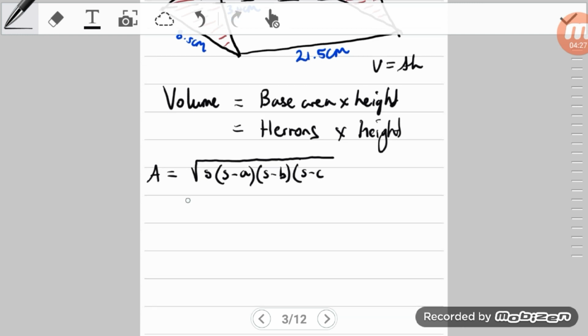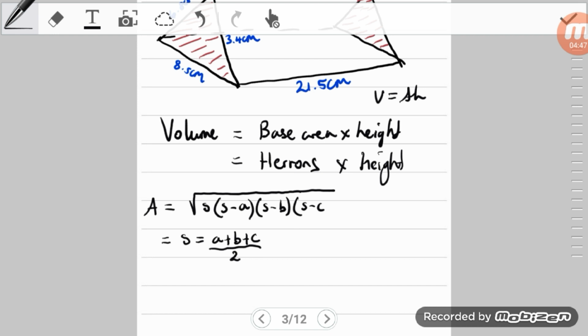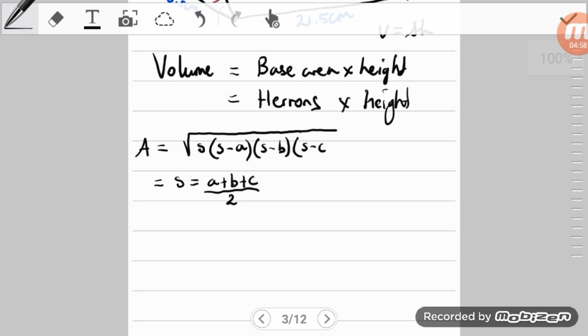We're going to have to do additional working out to find S. S is equal to the perimeter of the cross section divided by 2. You must be familiar with this formula, or else the problem is going to be almost impossible for you to work. You have to be familiar with Heron's formula, when to use it, and of course how. So here is the working out for Heron's formula.